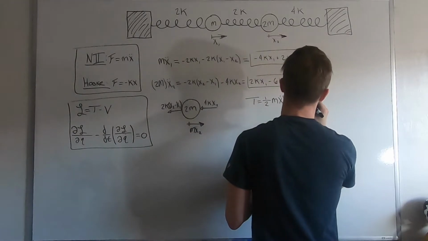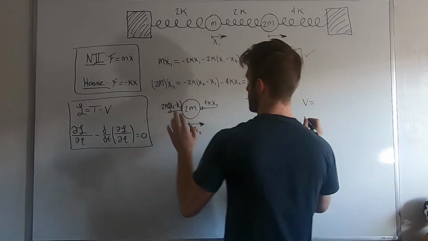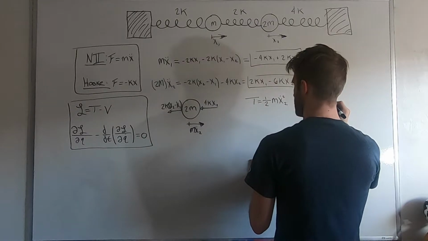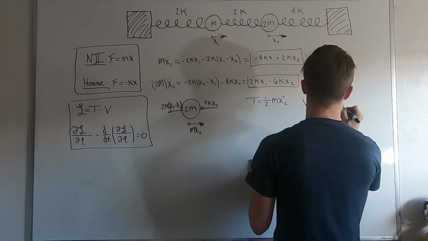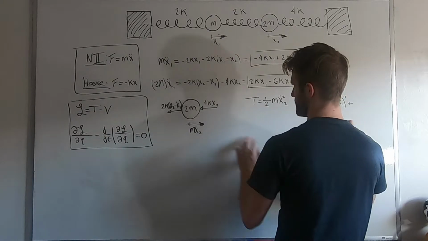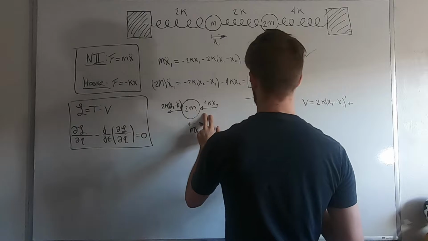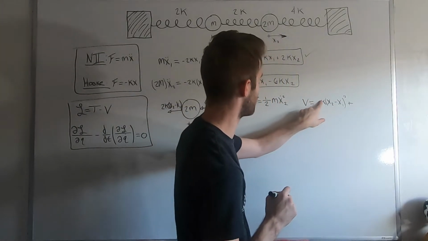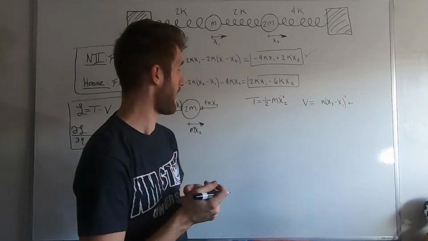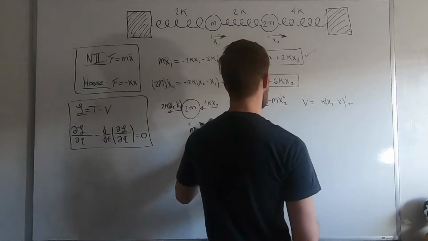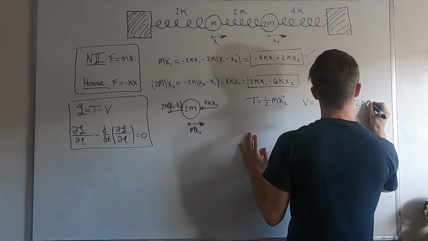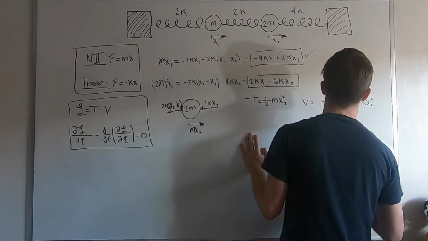Our potential is going to be this first term here, which is 2k(x2 - x1) squared, plus this term here. As you probably have already noticed, that 2 just vanishes when we introduce that 1/2, and then that 4 just becomes a 2, so there's just going to be 2k x2 squared.